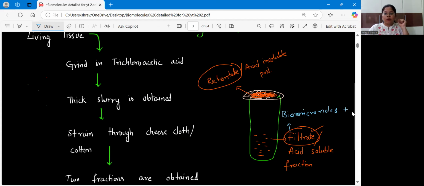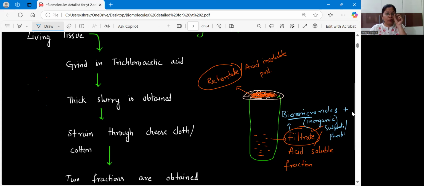Along with biomicromolecules, we also see inorganic components, like sulfates or phosphates. So we get biomicromolecules plus inorganic components in filtrate.